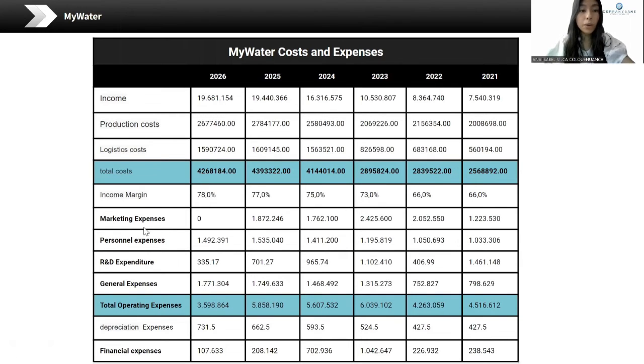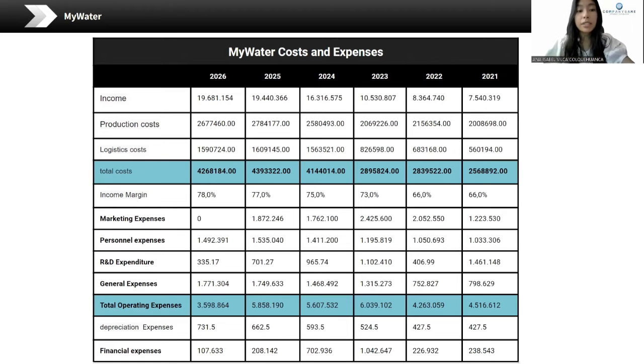In the first part, we have marketing expenses, which started with a low amount and finished with a low amount too, because we saw that we could afford it.